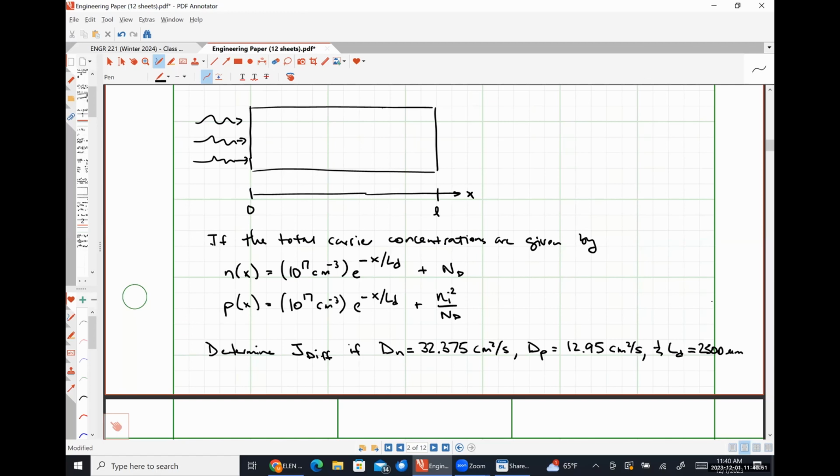Both charge carriers are going to move from the high concentration area, the left-hand edge of the crystal, towards the low concentration area, the right-hand edge. But because electrons diffuse more quickly, our diffusion coefficient is larger, so we see a larger movement of electrons from left to right than holes, which means we're going to have a net current flowing from right to left. Absolutely right. Great job.